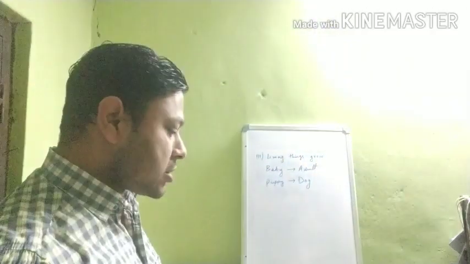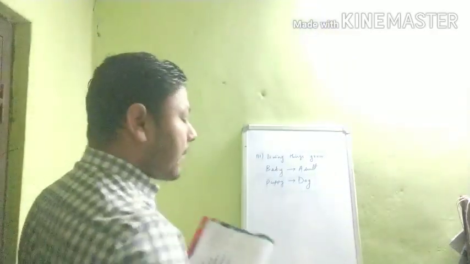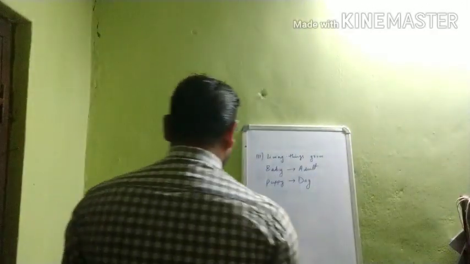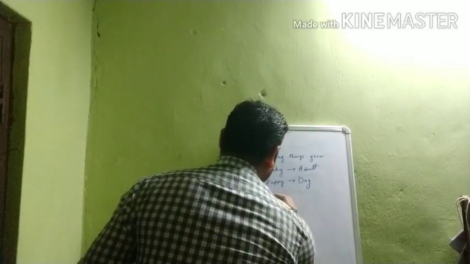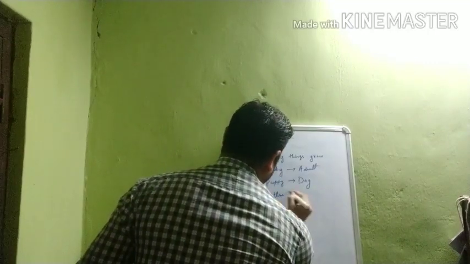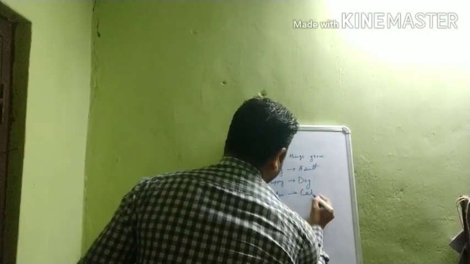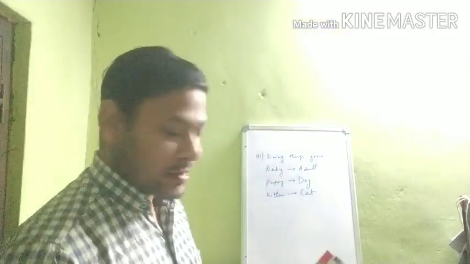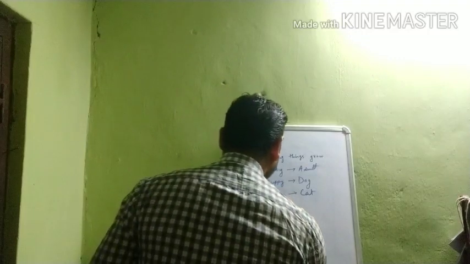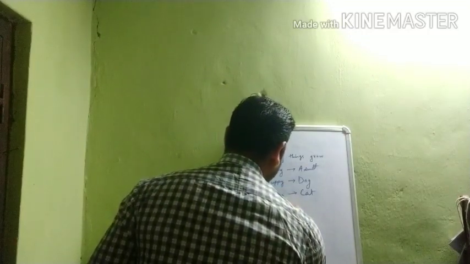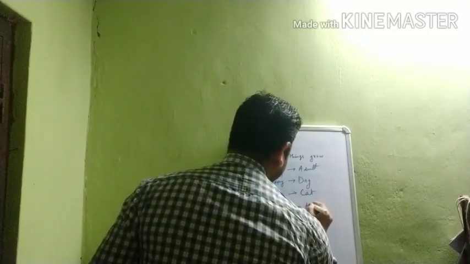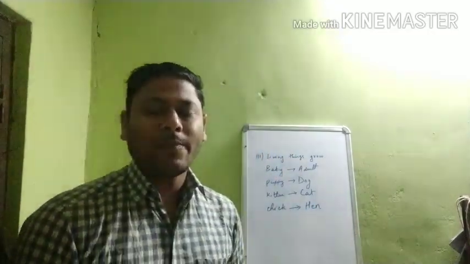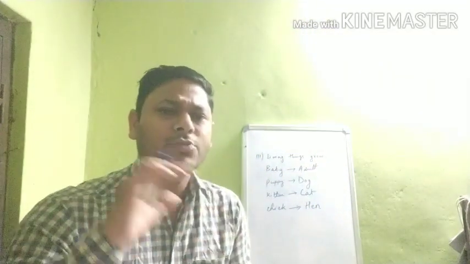Right? Next, a kitten. Kitten is a baby cat. So, kitten grows into a cat. Alright? In the same way, a chick, the baby hen, grows into a hen. Alright? Plant. When we plant a tree, it is very small.